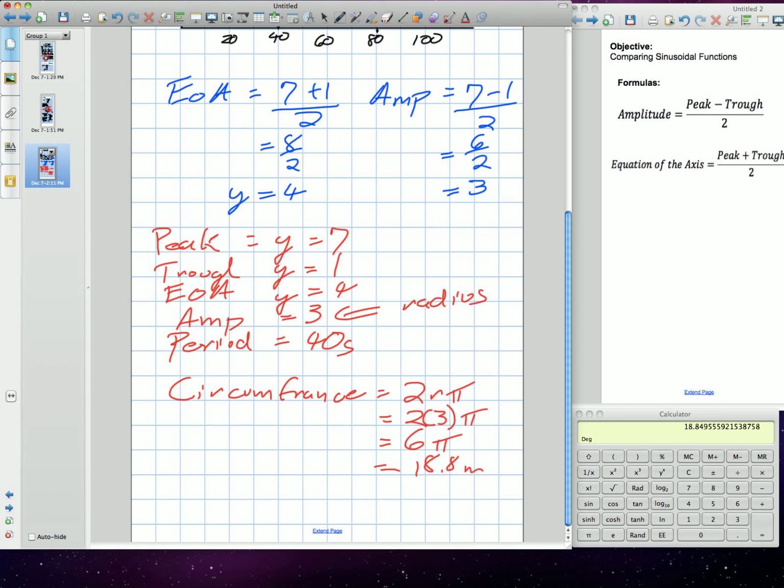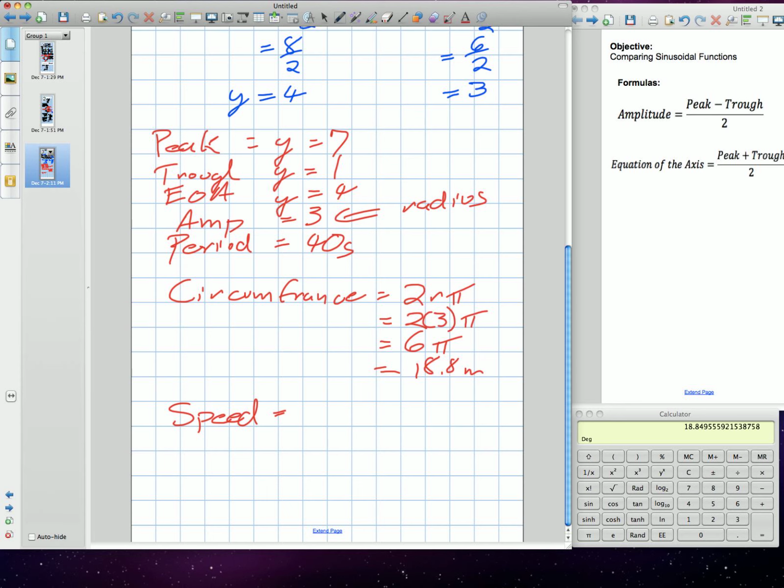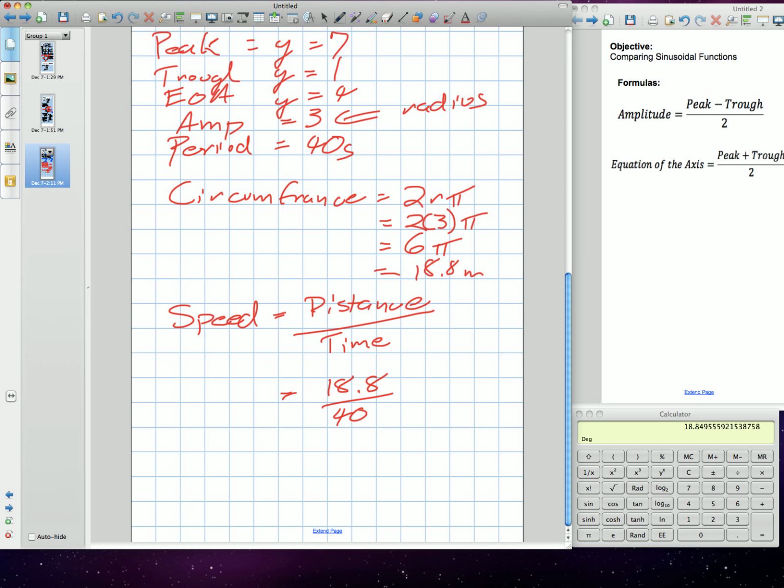We also know that they want us to find the speed of the second Ferris wheel. The speed is going to be equal to the distance divided by the time. Now, to complete an entire rotation, it covers a distance of 18.8 meters, but it also takes 40 seconds to cover this distance.